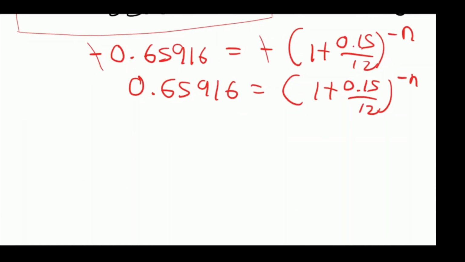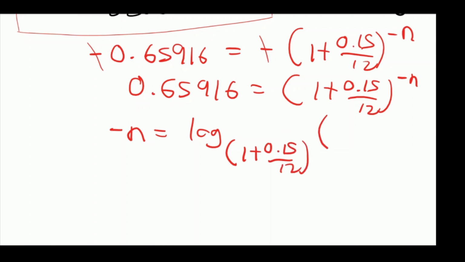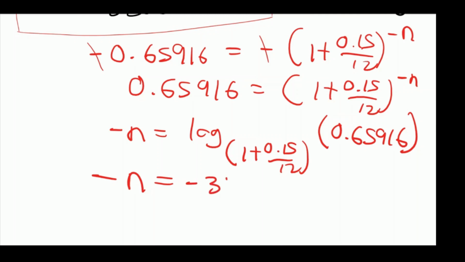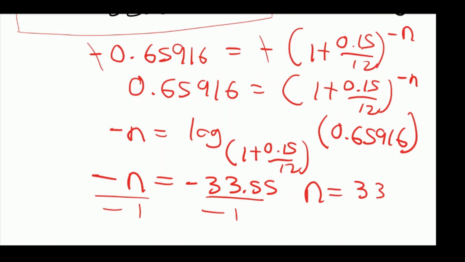So now we're going to use logs. So it's going to be minus n equals log to the base (1 plus 0.15 over 12) of 0.65916. You're just going to punch this in your calculator. You should get minus 33.55, which when you divide by negative 1, you get n equals 33.55.